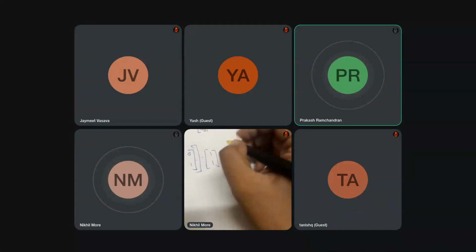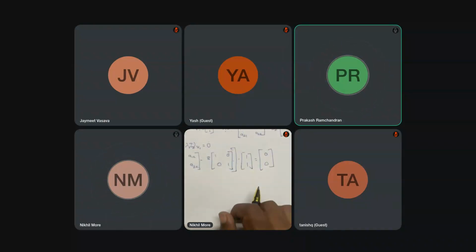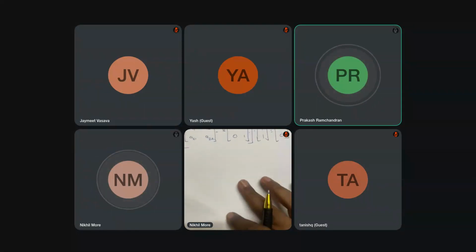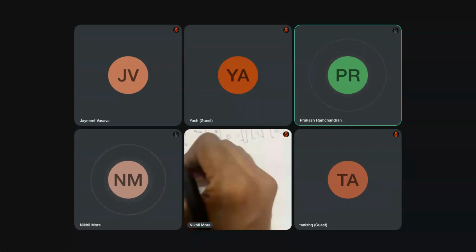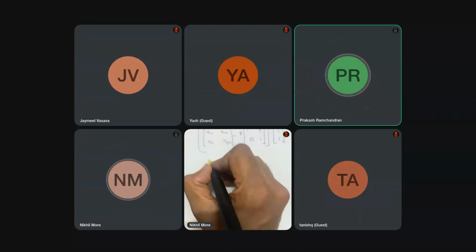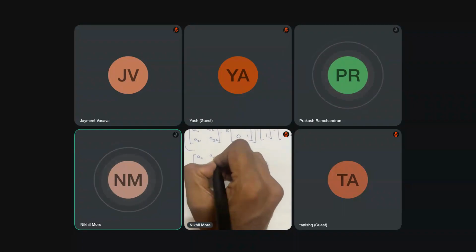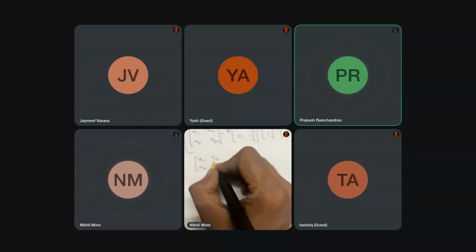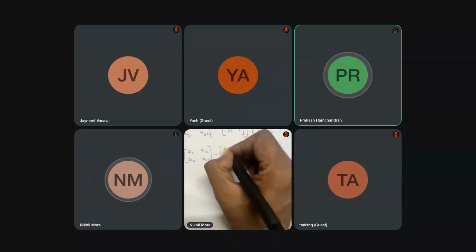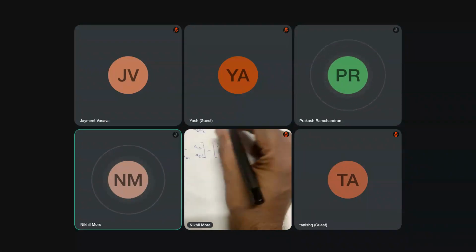This gives me a zero matrix. We do the multiplication: multiplying the 8, we get A11, A12, A21, and A22 minus 8 0 0 8. This is the basic multiplication.